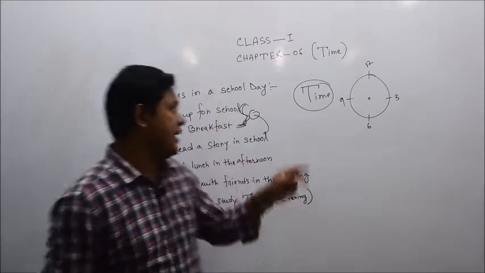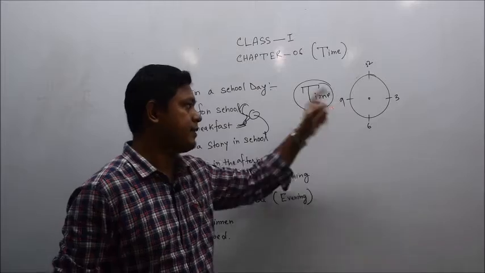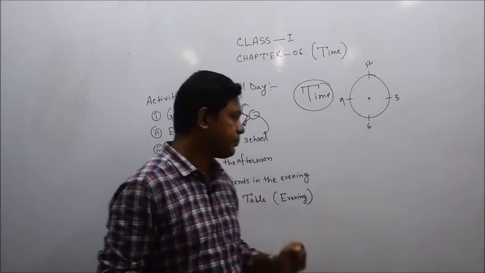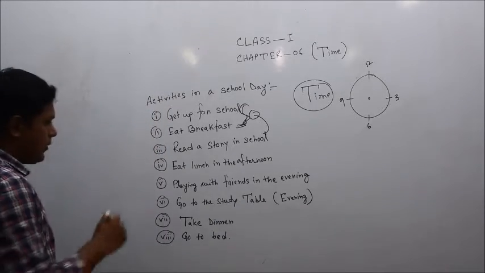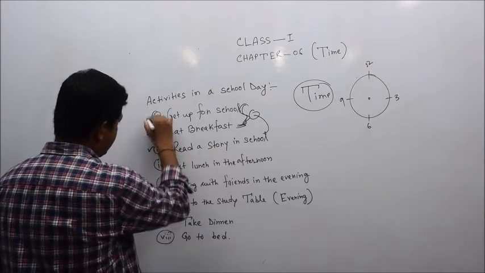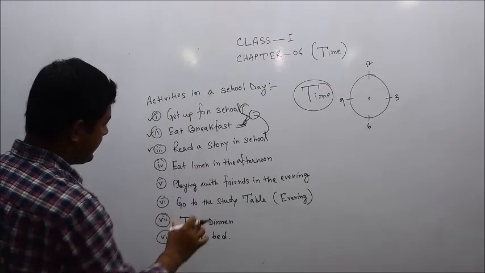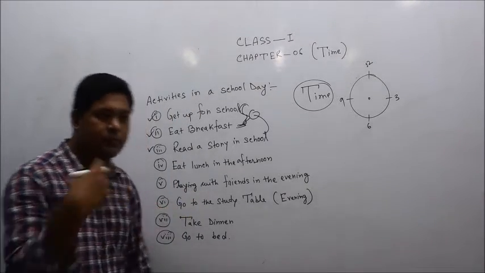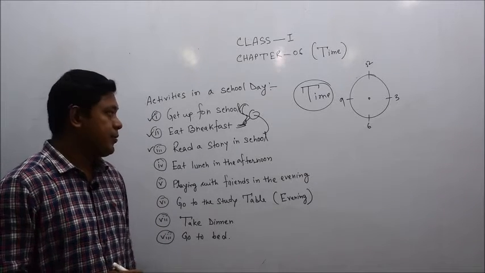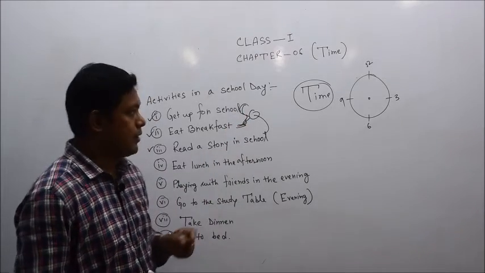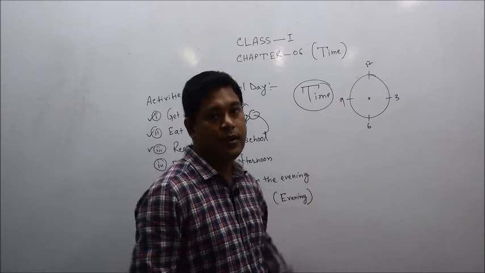We look at our watch to fix all our events and activities, okay? So at every time and every step we have to see our watch, or we need the timings, so that these activities go on in a scheduled manner, isn't it? So time is very important. We will manage time according to events or according to the schedule. Okay.